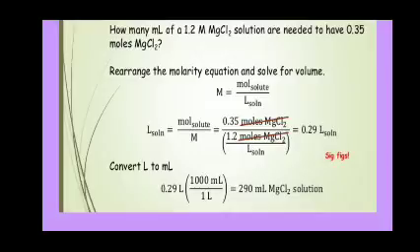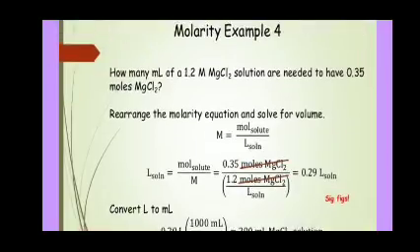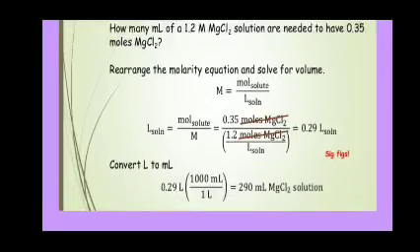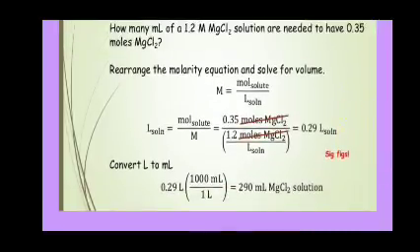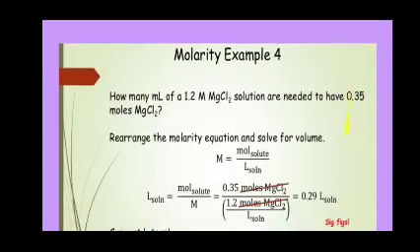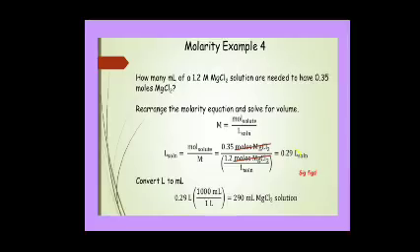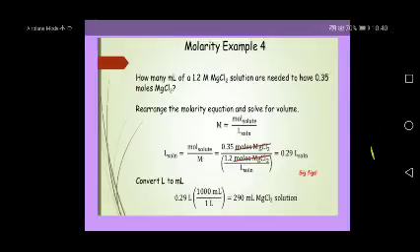That is equal to 290 ml. 0.35 moles of magnesium chloride dissolved in 290 ml of solution then forms 1.2 M magnesium chloride solution.